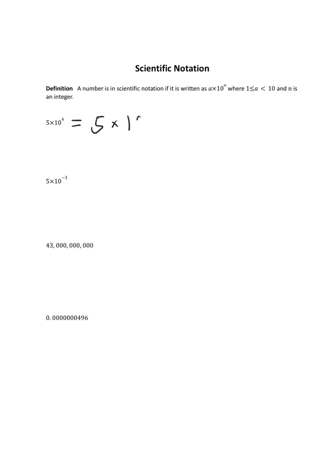So 10 times 10 would add a 0, times 10 would add a 0, times 10 would add a 0. So you would have 4 zeros. So 10 to the fourth. And then when I multiply that, that would just be 5 times 10,000. So I would add those 4 zeros.